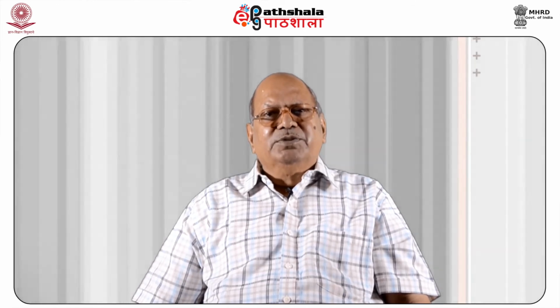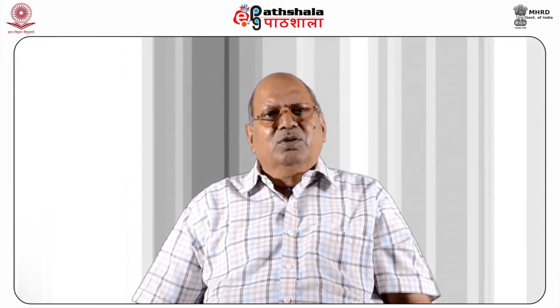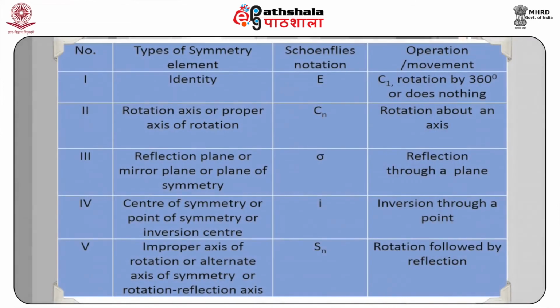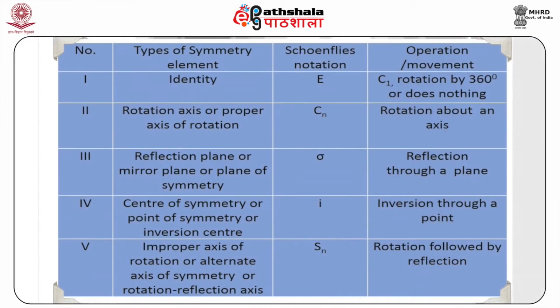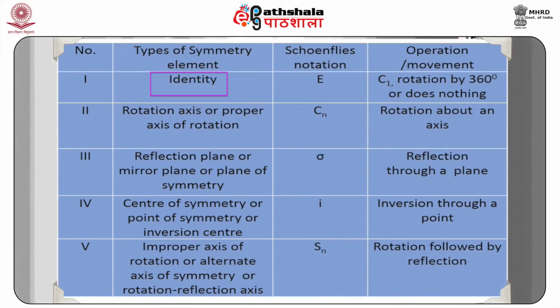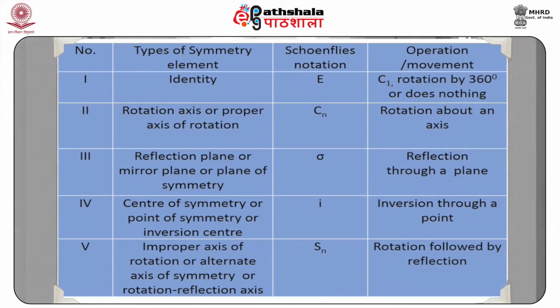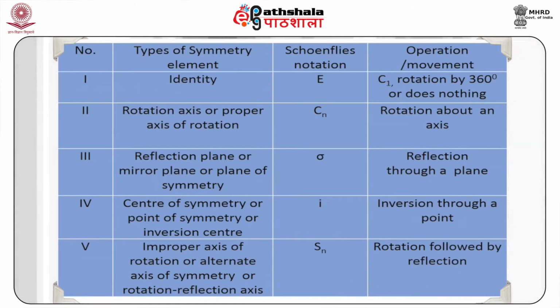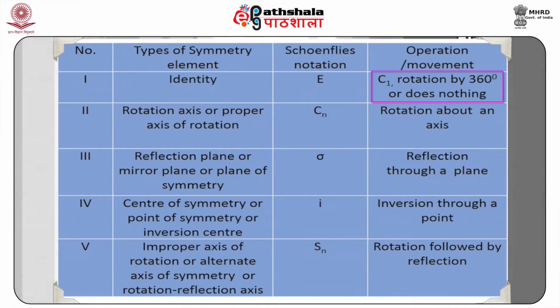The types of symmetry elements that may commonly be observed in molecules have been summarized. The first symmetry element is the identity symmetry element. Its symbol is E and the operation is C1, rotation by 360 degrees, or you can say do not do anything.